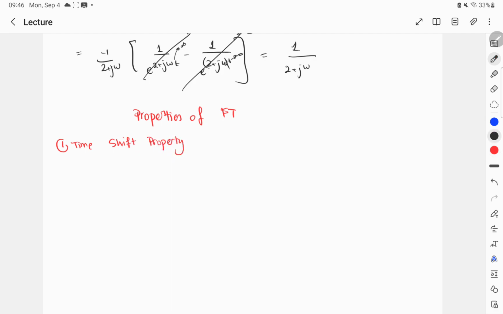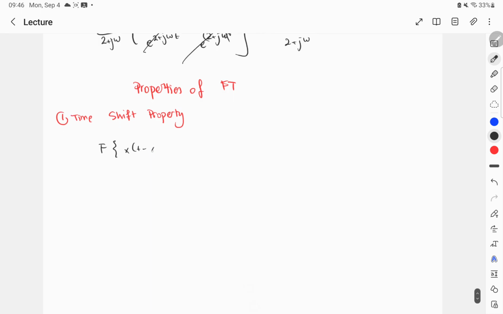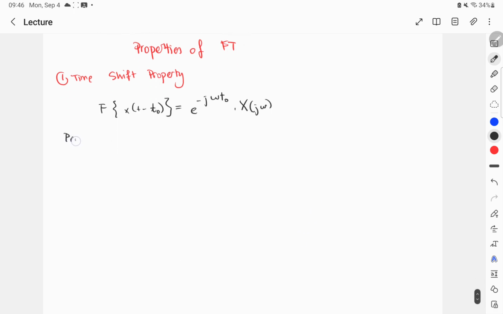What this property tells us is that the Fourier transform of the function x(t minus t0), if we shift this function by t0, we will take the Fourier transform of x(t), and we will just multiply it with e to the power of minus jwt0. Okay?